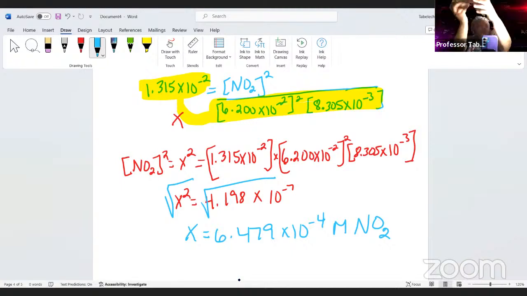And let me show you the answer in my book so you know that this is the real deal. Right there, letter B, 6.479 times 10 to the negative fourth molarity.